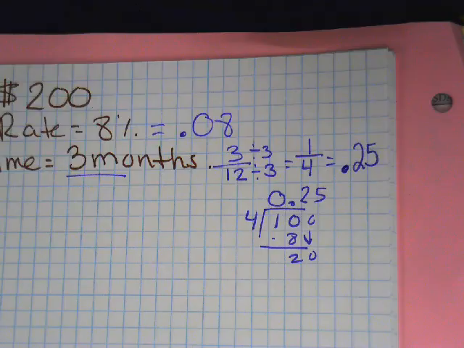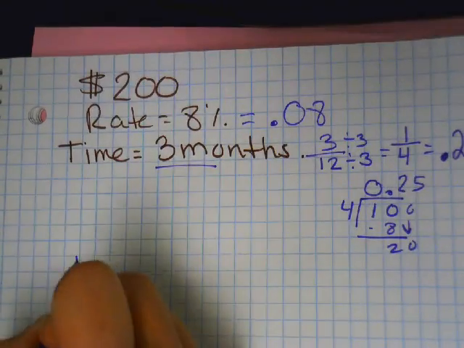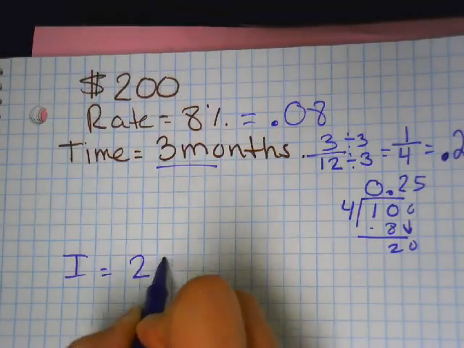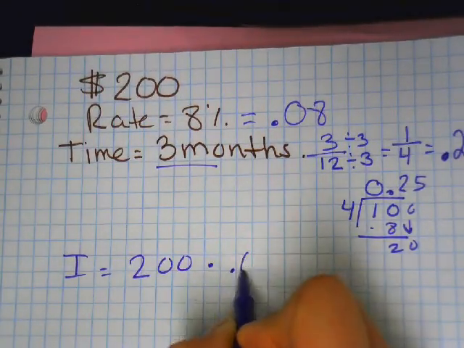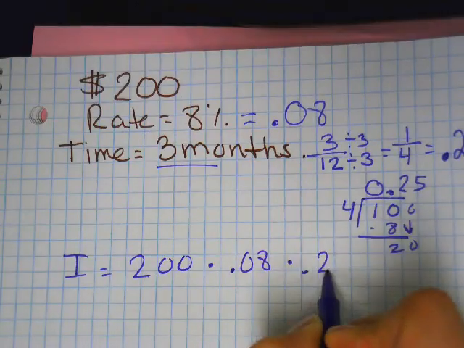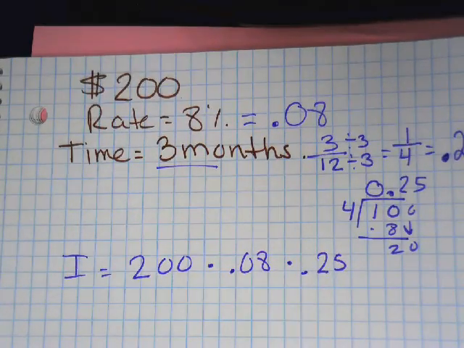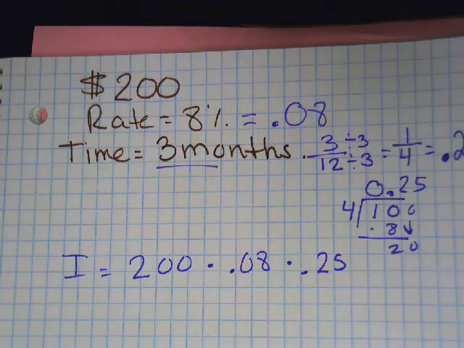Okay, so now let's do the math. Interest is equal to 200 times 0.08 times 0.25. Principal times rate times time. Type it in.